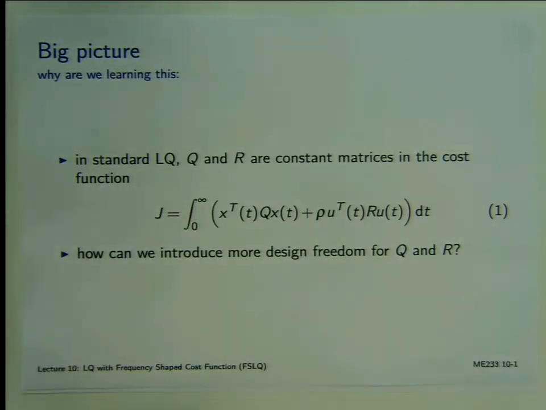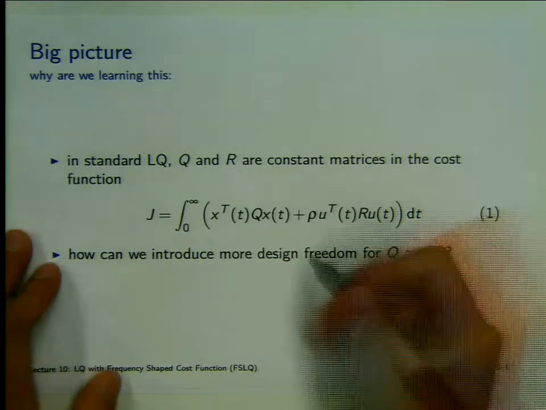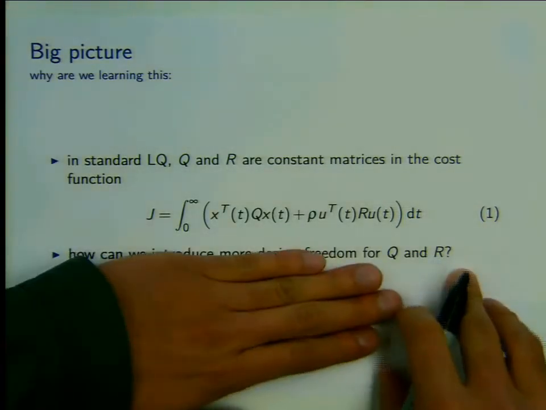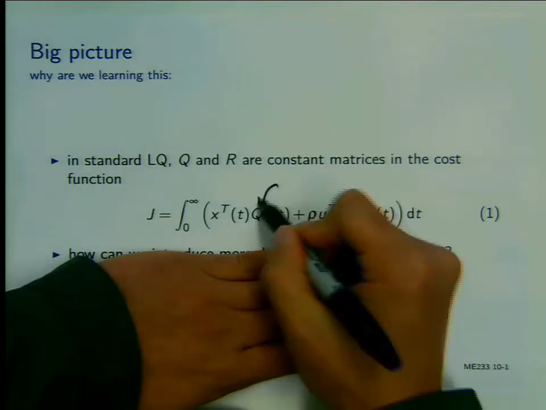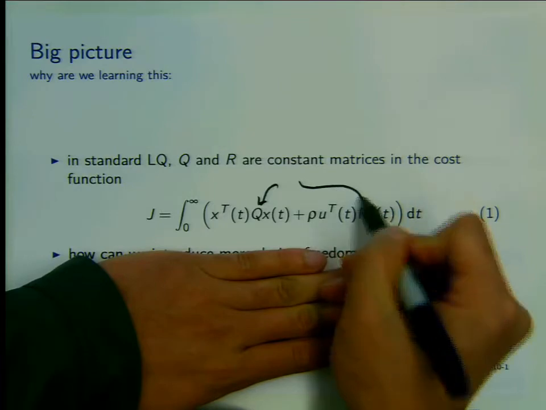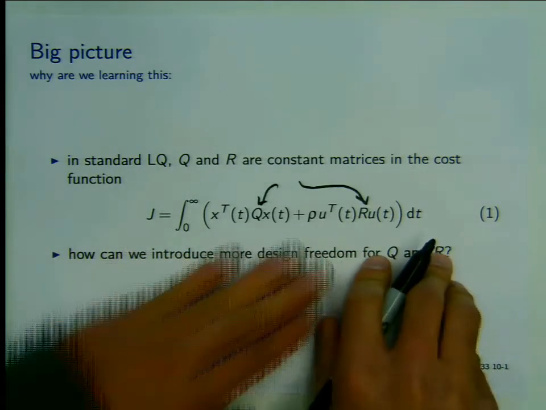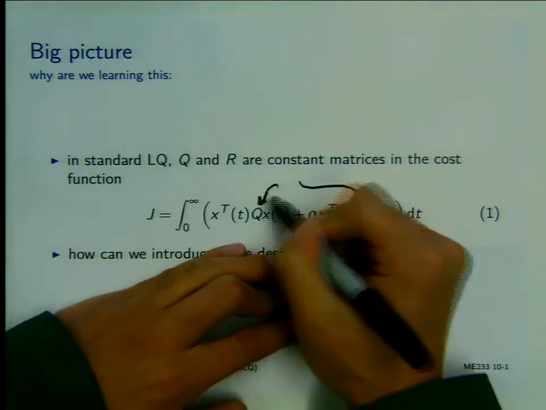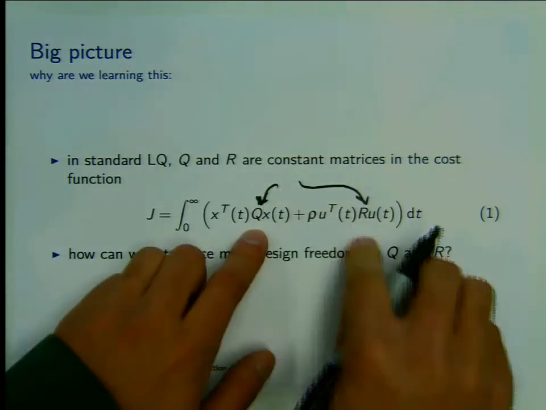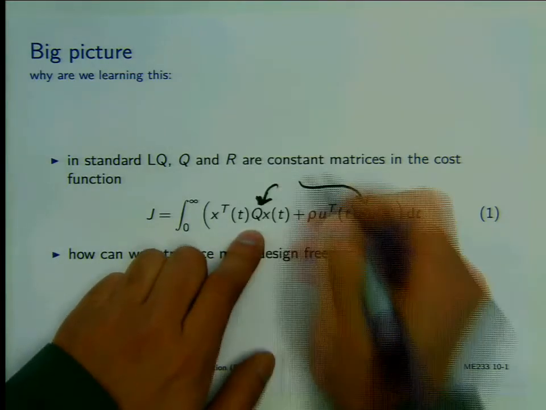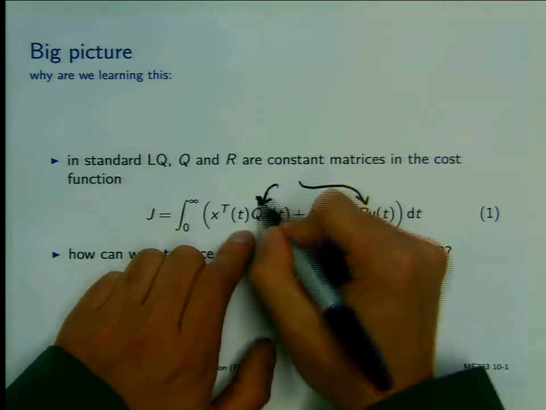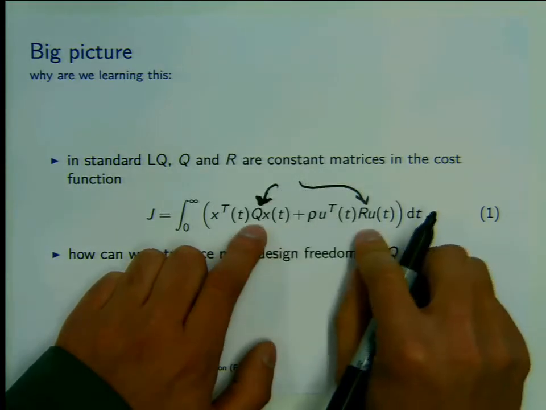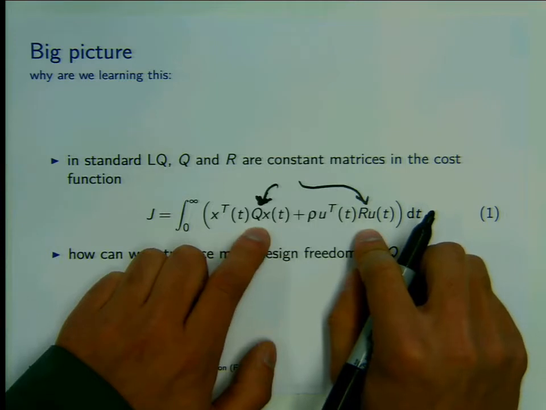I asked you before in one of the lectures: in the LQ problem, which is optimal control, the design parameters are Q and R, these weighting matrices in the cost function. In ME232, there are some guidelines for selecting Q and R. But if they are just constant matrices, you might think being constant might not be the best way in practice.